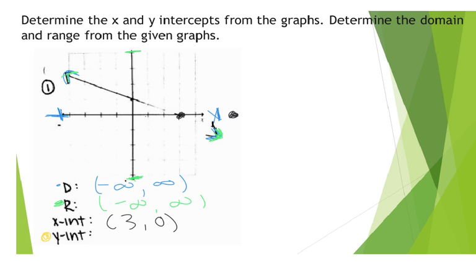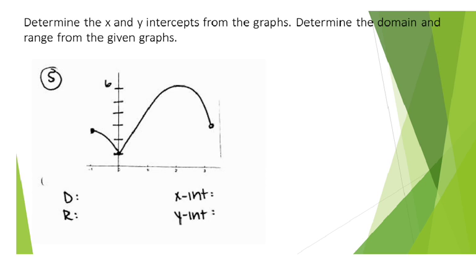Whereas if we look at the y-intercept, where does it cross the y-axis, which is the vertical one, which is right here, our ordered pair is always going to start with 0 because you're not going left and right, but in this case, we're going up 1. So our y-intercept is 0, 1.